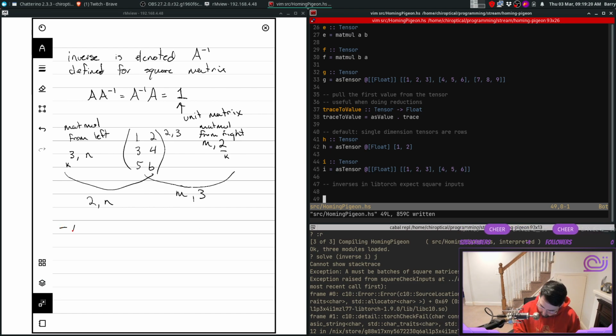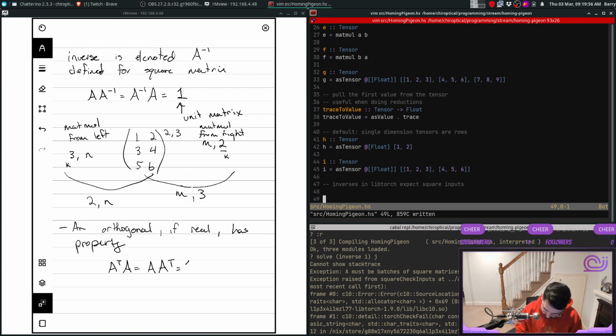Orthogonal. I think I switched O and A. Orthogonal, like that. If real, it has the property A^T A = A A^T = 1.